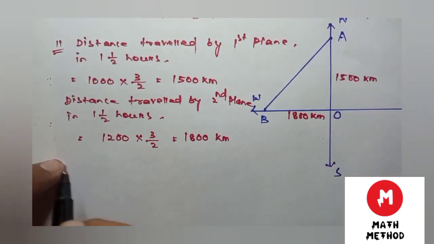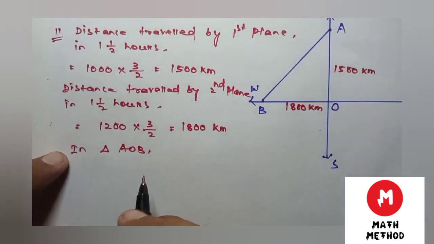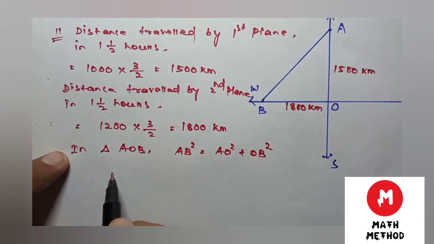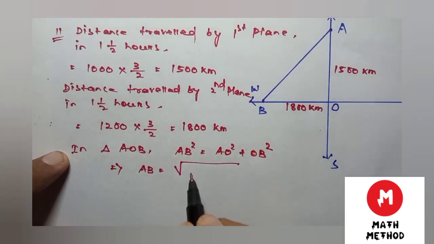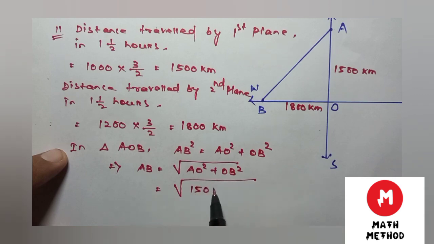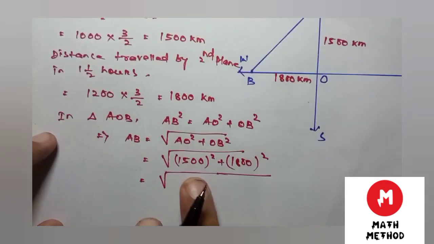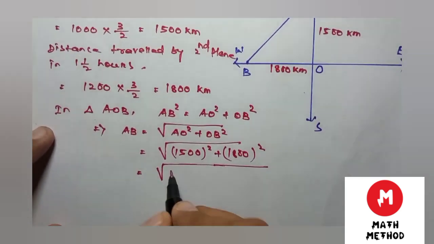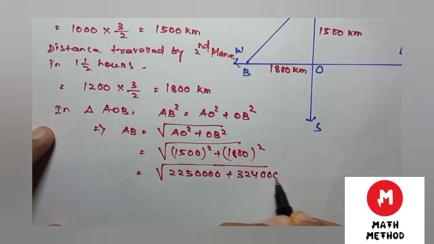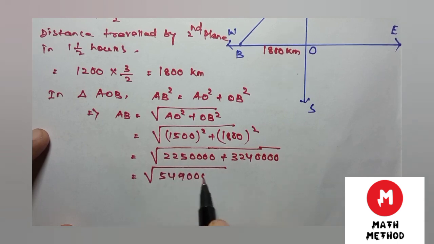Now in triangle AOB, here AB is the distance between two planes, so AB square is equal to AO square plus OB square, implies AB is equal to square root of AO square plus OB square, which is equal to square root of 1500 square plus 1800 square, which is equal to square root of 225 with 4 zeros plus 18 square is 324, again with 4 zeros, which becomes 549 with 4 zeros.